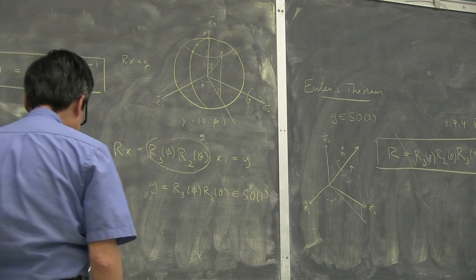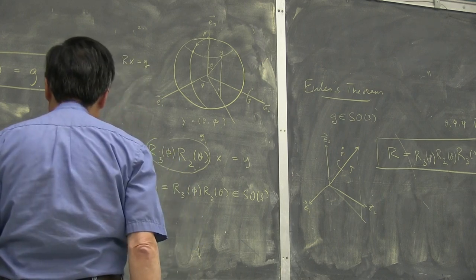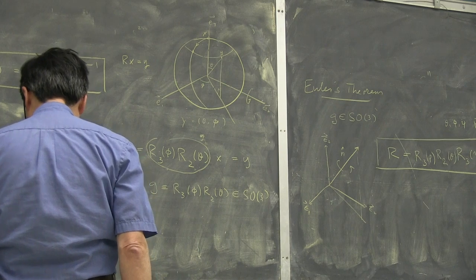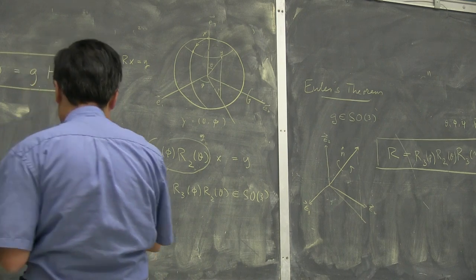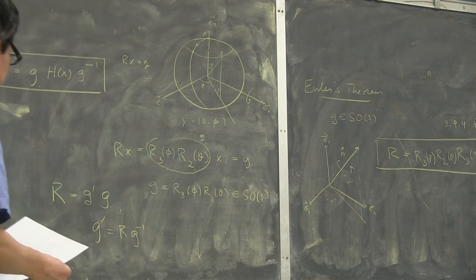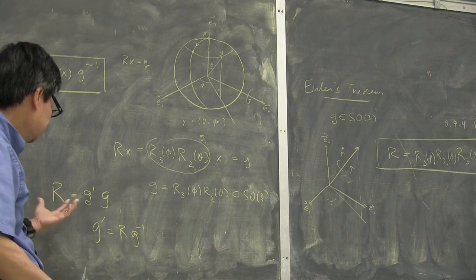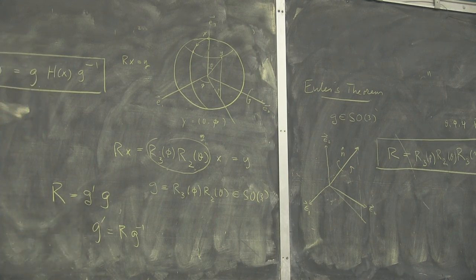Because apparently I can just choose G prime to be equal to what? R times G inverse, right? Given any R and G, G prime being defined to be R G inverse, G prime times G must be equal to R.